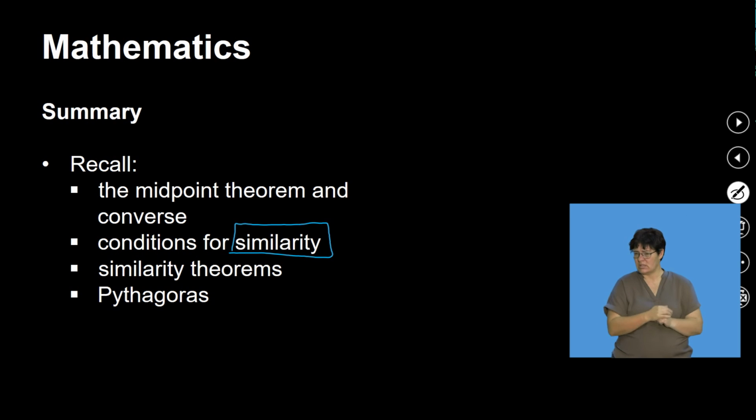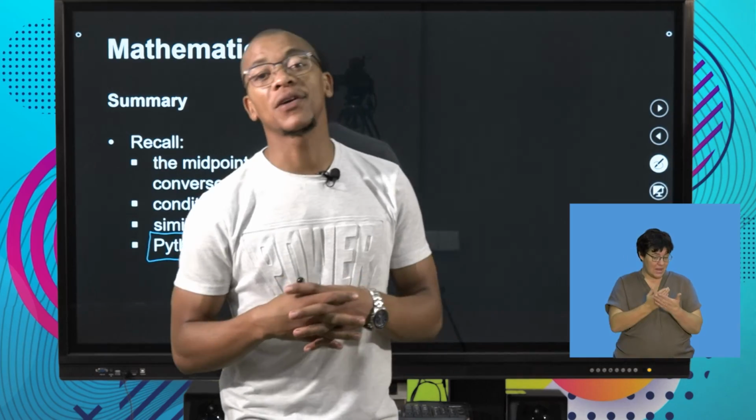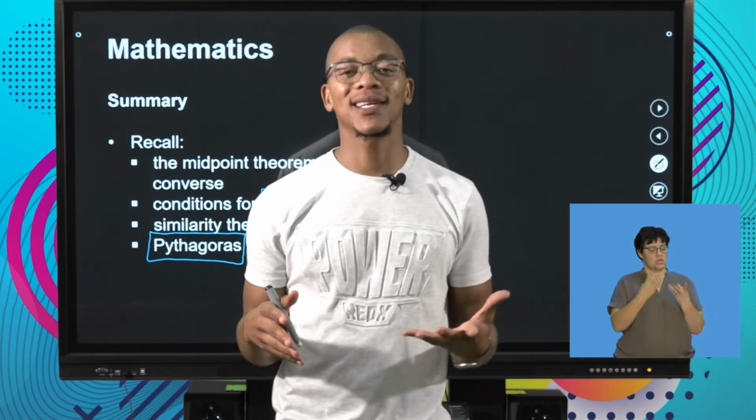How do two things become similar to each other? And then the similarity theorems, remember the proportionality, equiangular, and what we've looked at so far. And then the last thing is the Theorem of Pythagoras. I promise you, if you recall that, it will be very beneficial for you to solve some Euclidean geometry.